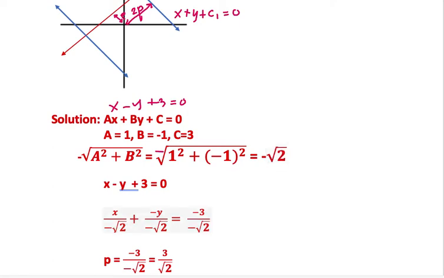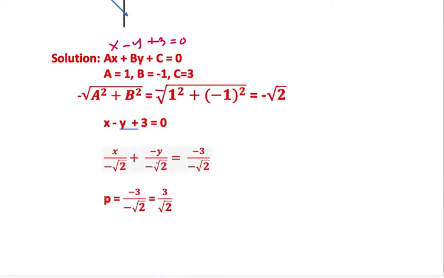So x over negative square root of 2 plus negative y over negative square root of 2 equals negative 3 over negative square root of 2. So let us simplify that one. So this will become negative x over square root of 2, then plus y over square root of 2 equals 3 over square root of 2.